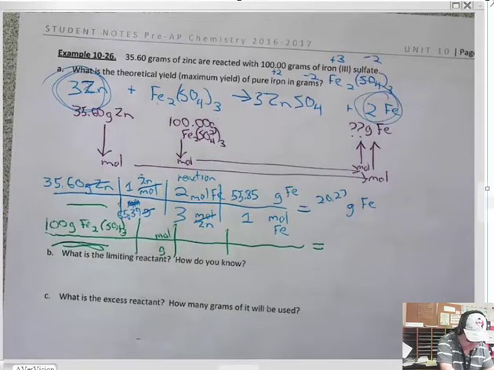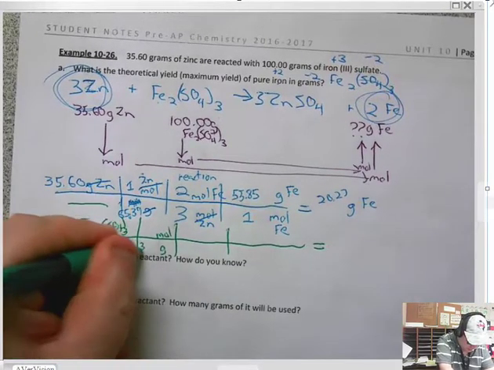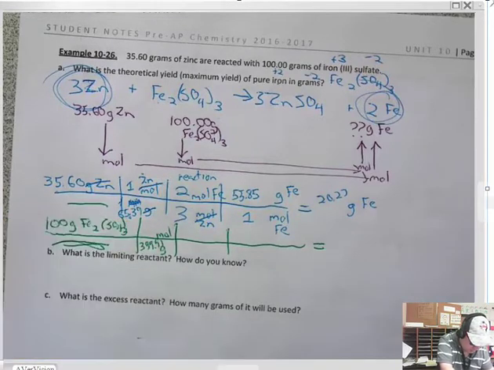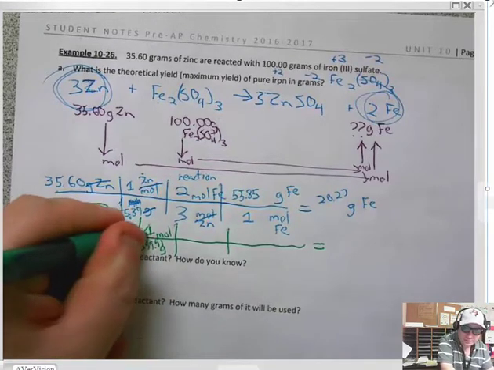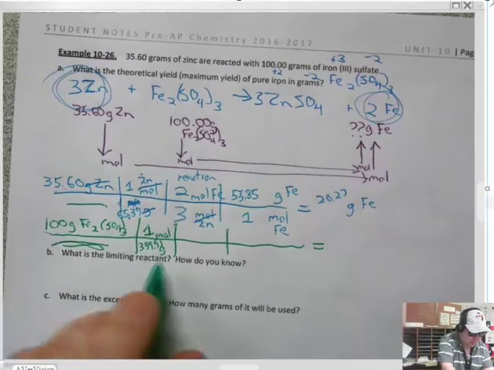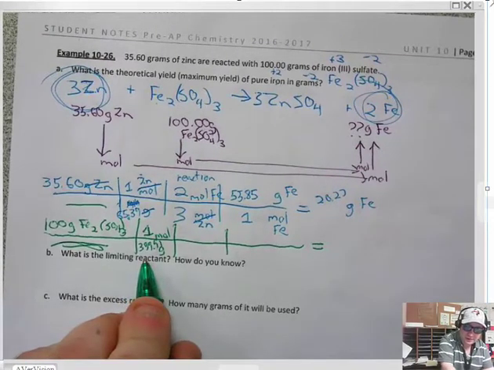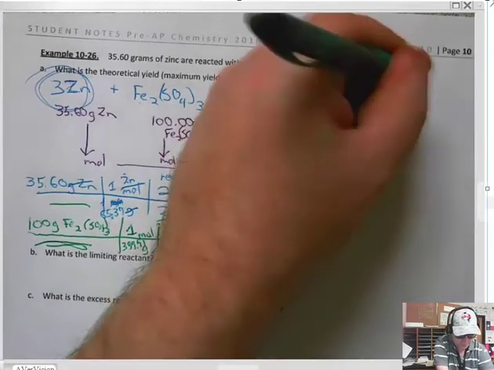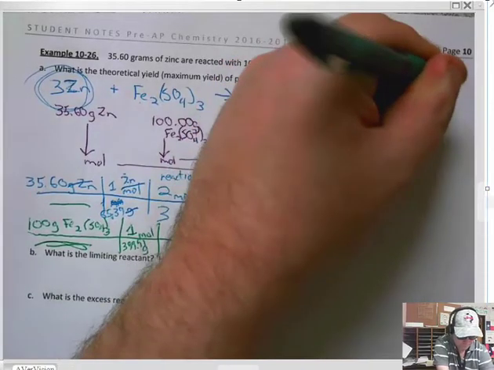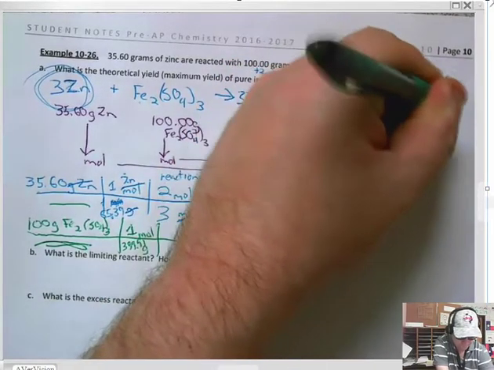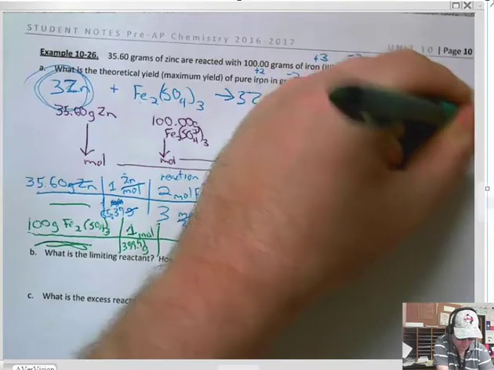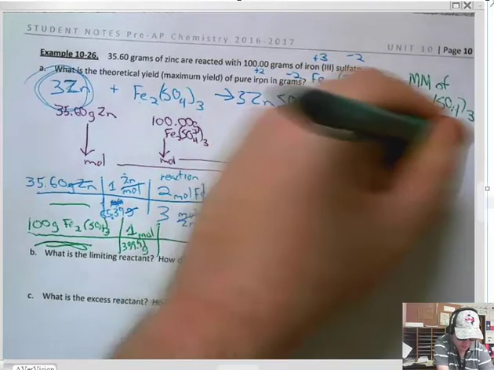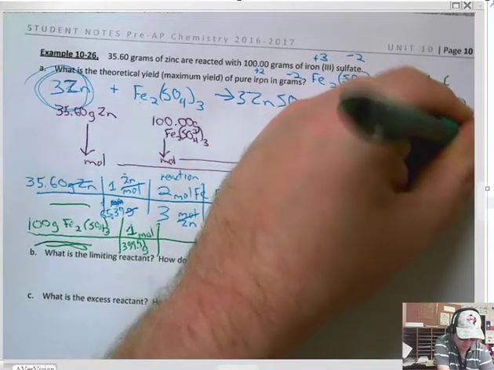Moles. This molar mass is 399.91. This one is 1. 399.91.